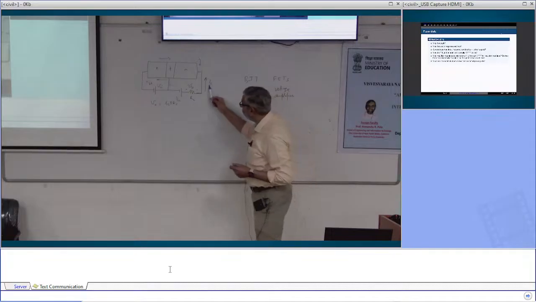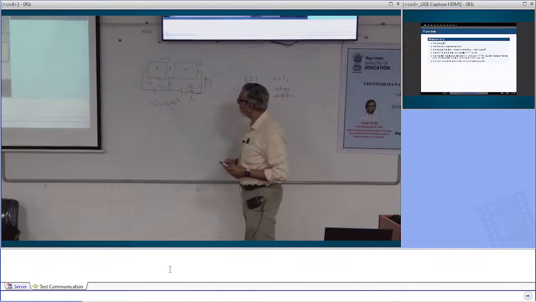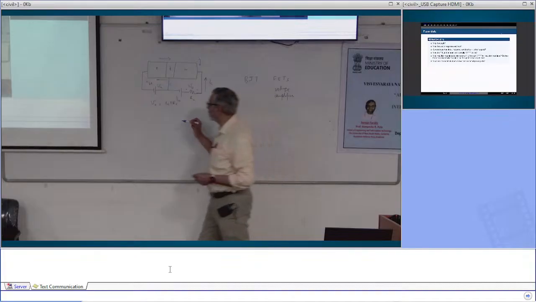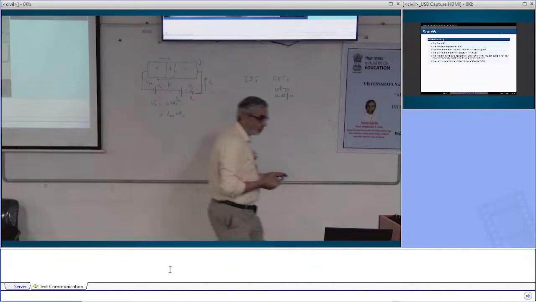So जो ये करंट है, how do you get that current? What is the relation between this current and that current? So what is this equal to? IBE. एक मिनट.